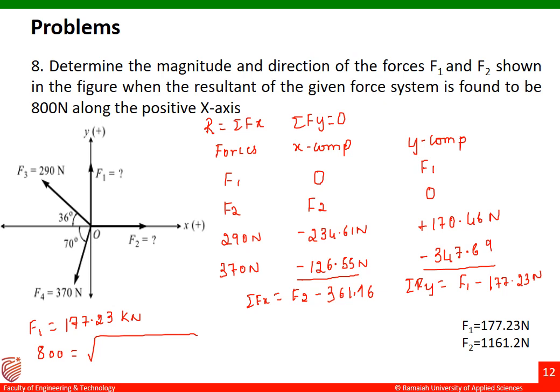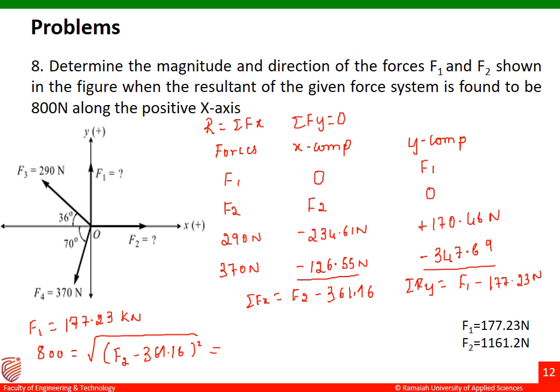We are using this equation. R is 800, square root of summation Fx, that is F2 minus 361.16 whole square. So I'll remove the square root. How I remove it is 800 square.